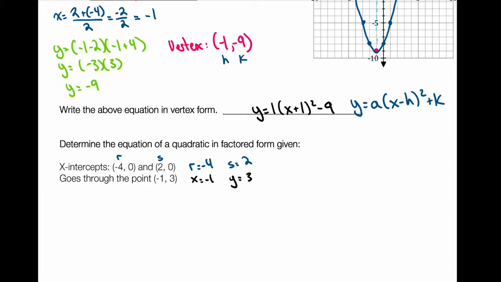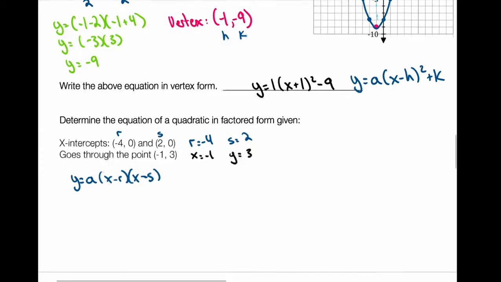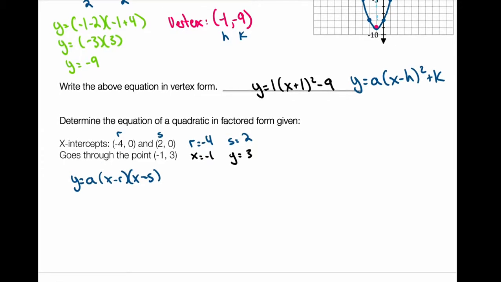Similar to what we did with vertex form, I can take these four values and plug them into our equation for factored form. So y equals a times x minus r times x minus s. And once I plug everything in, I should be able to solve for a. So in this case, y equals 3, a we don't know, x minus r, so -1 minus -4, times -1 minus 2.